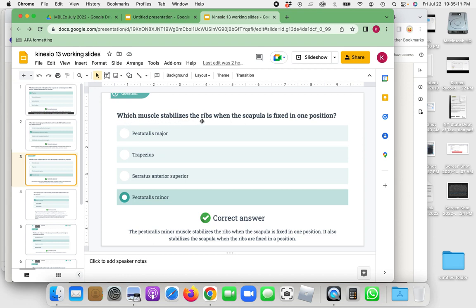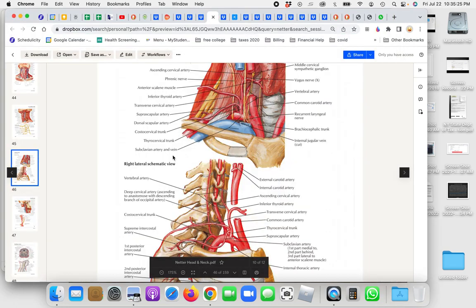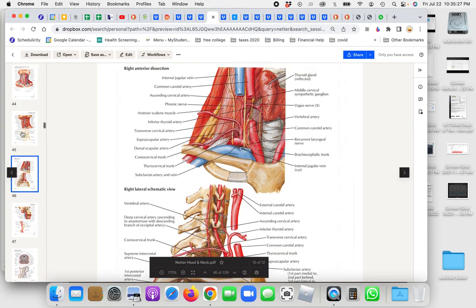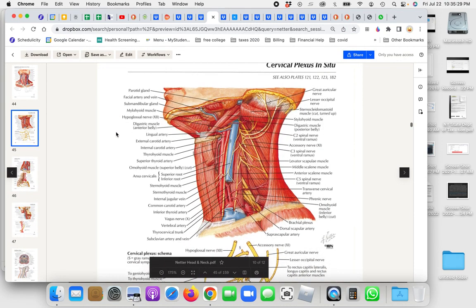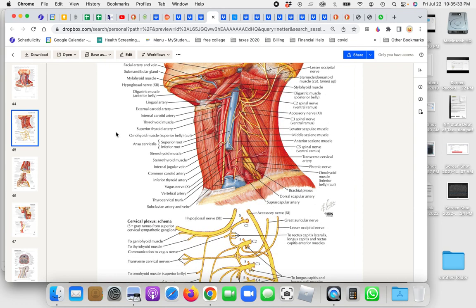Which muscle stabilizes the ribs when the scapula... Oh, wait, let's go back and look at the other choices. Okay, levator scapula is logical, right? Suprahyoid and infrahyoid. I'm not going to go through all of those, but let's just see if we can find the hyoid muscles.